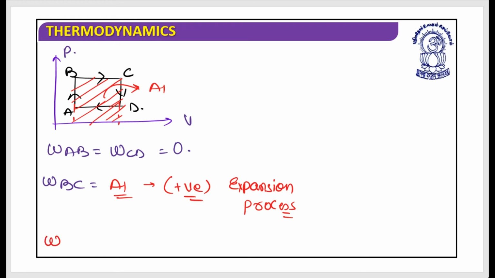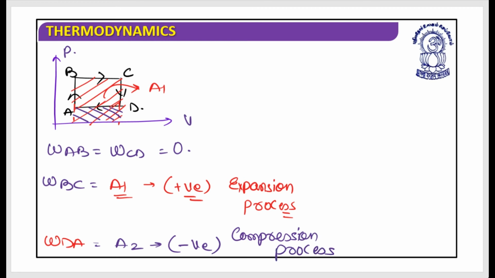Now the work done due to D to A: you need to calculate a second area, which we call area 2, something like this, and this is negative. Why? Because this is the compression process.